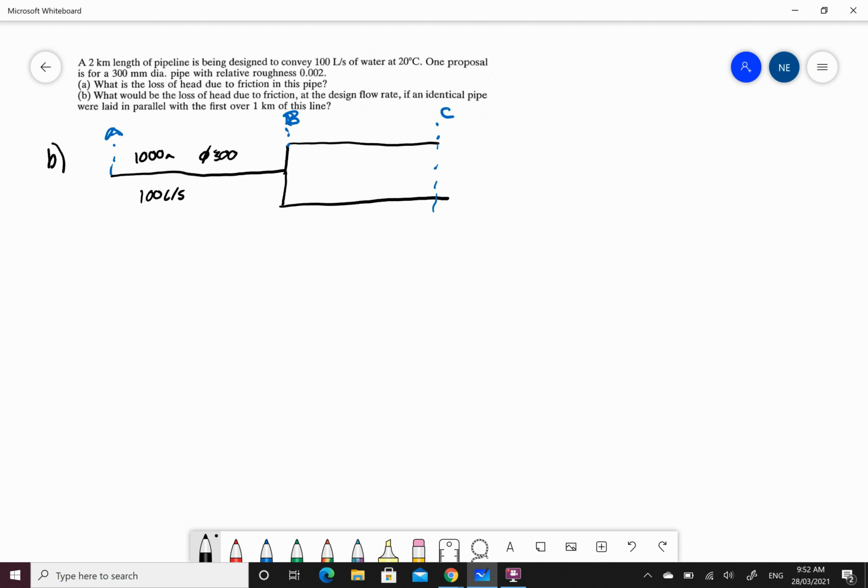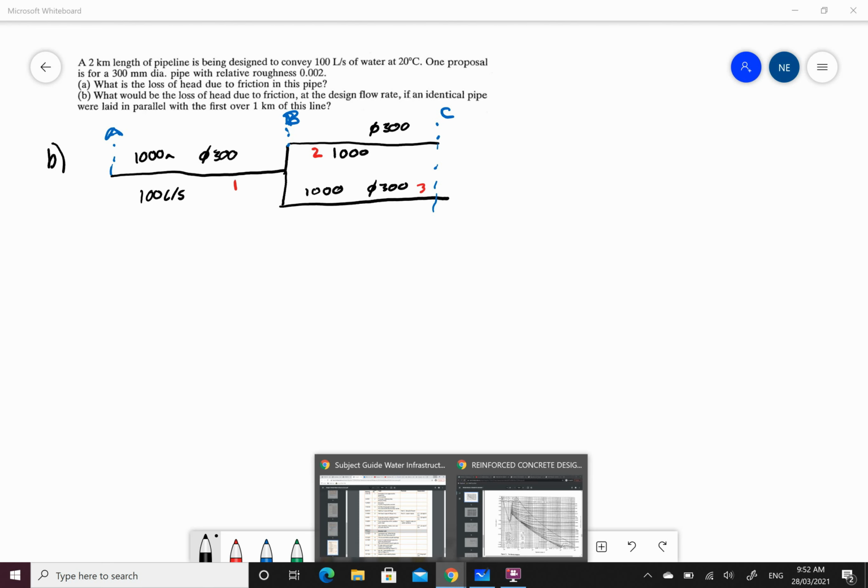Now we've got an identical pipe, which means here is 300, here is 300, and it's also 1,000 and 1,000. Alright, we have pipe 1, 2, and 3. So now I need to solve this.